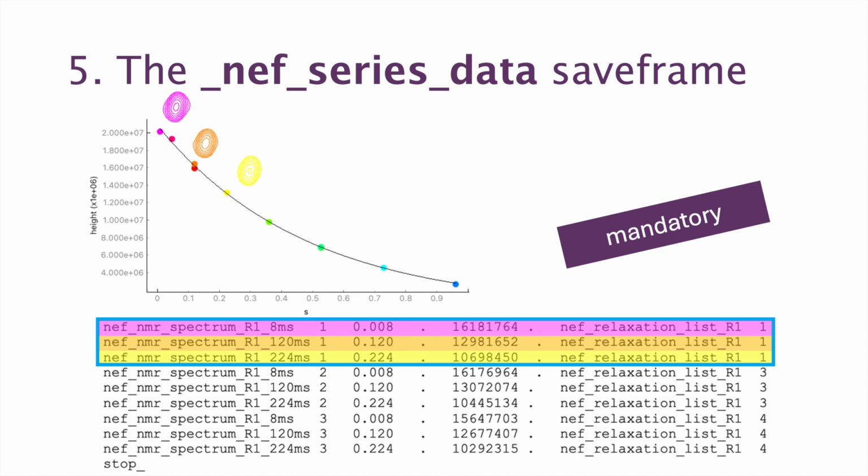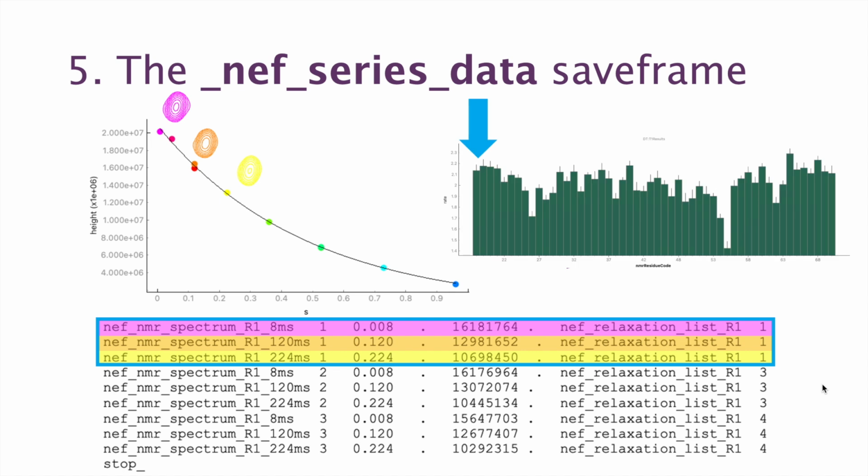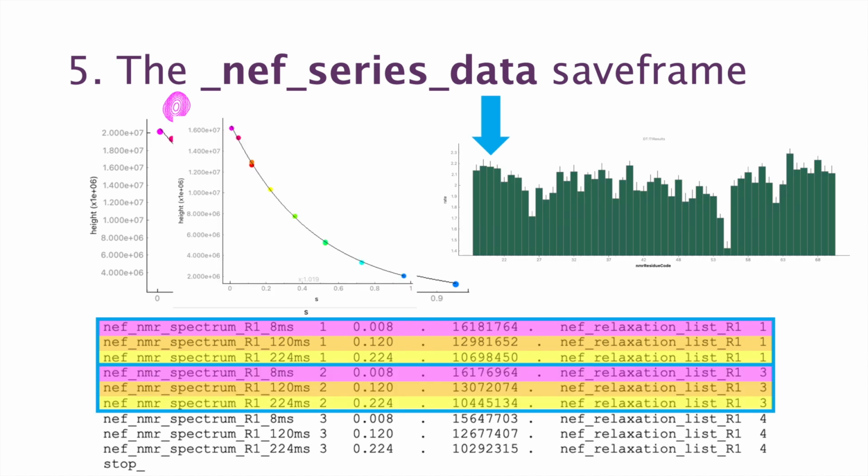They each correspond to one data point on the graph, with a particular data variable, the x value corresponding here to a delay time, and a particular data value, or a y value on the graph, in this case peak intensity. They all correspond to the same relaxation rate in the same NEF relaxation list, which basically corresponds to a bar here in this bar chart. And then the next set of rows corresponds to a different decay curve and relaxation rate, etc.